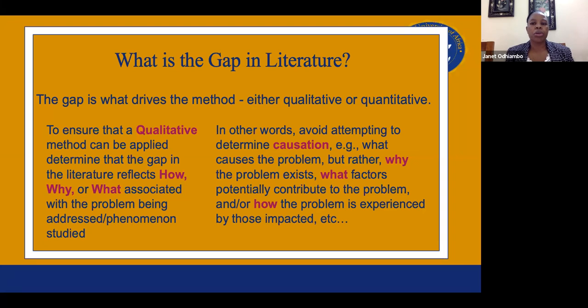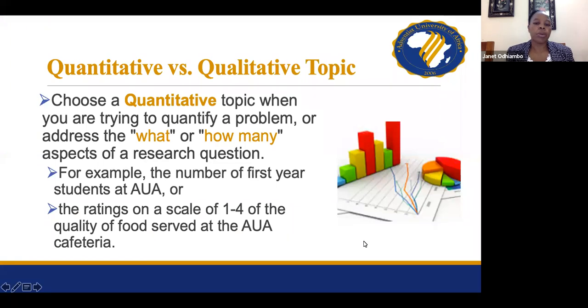Worry more about what causes the problem, or why the problem exists, rather than what has caused the problem. And try to get what is it, why does this problem exist? What factors potentially contribute to the problem, and how the problem is experienced by those impacted. This is where they will share their experiences, and then you get to develop that.